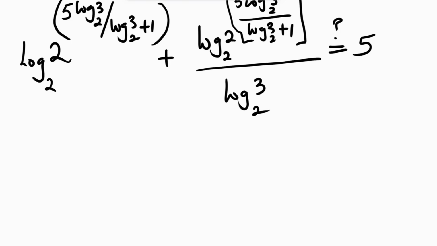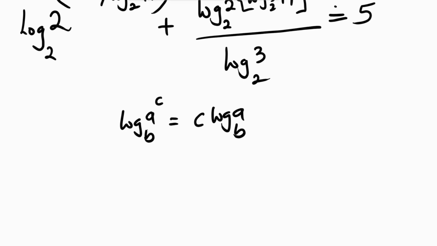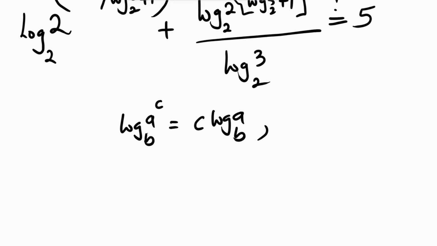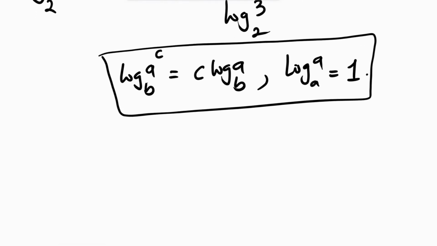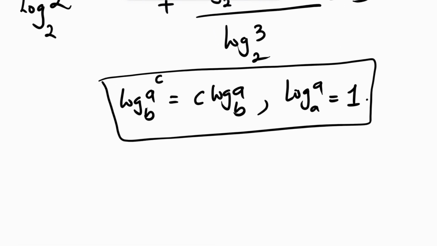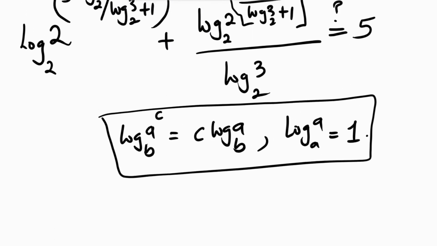Right, so we know that log of A base B raised to C is the same thing as C log of A base B, and also that log of A base A is equal to 1. So with all these formulas in mind, now we start by rewriting from the left hand side.